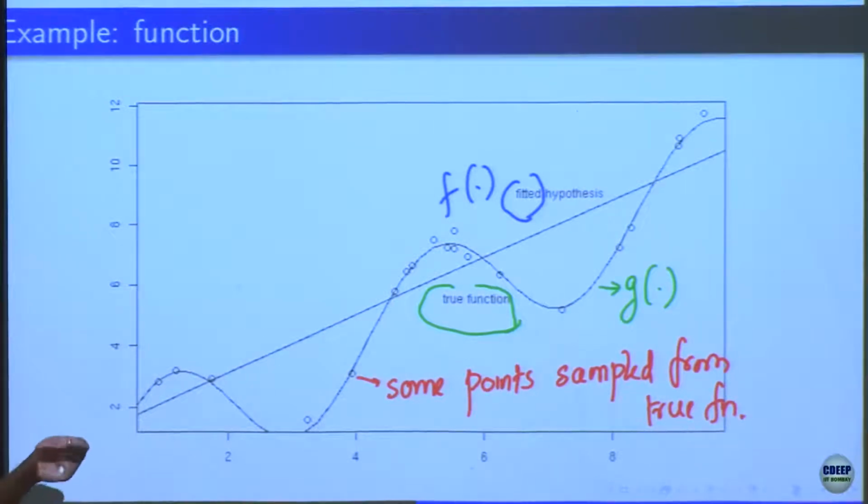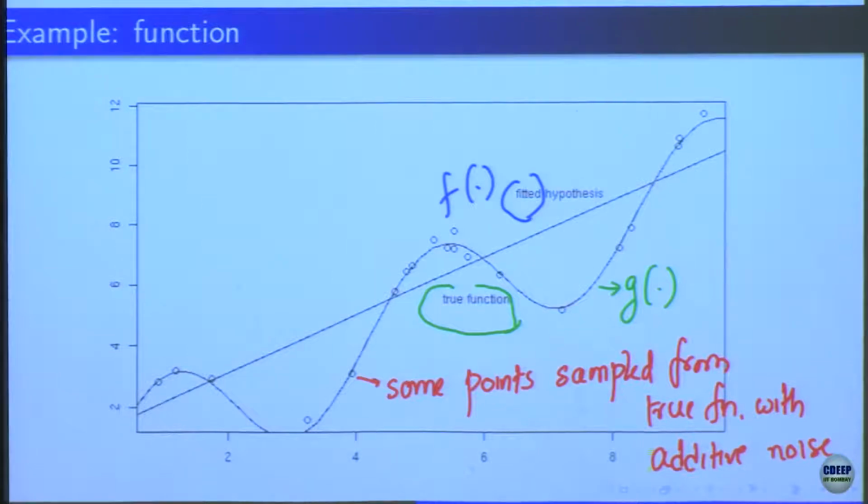But are they just sampled, or is there something more that is added? Do you see some noise? Right, with additive noise. So there is an additional noise component here, and that is what makes these points not lie exactly on g.